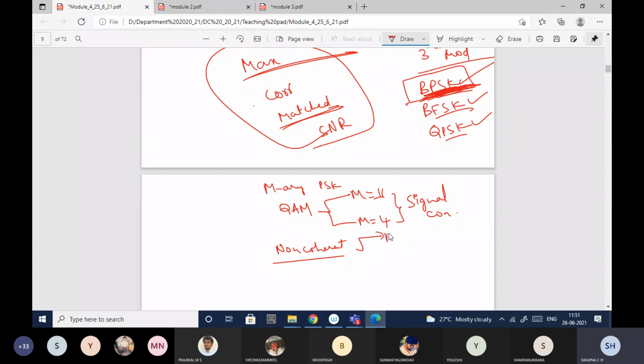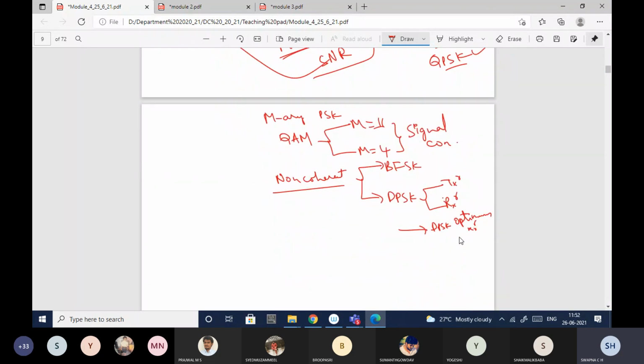You have BFSK non-coherent detection, generation and detection, and then DPSK transmitter, receiver, and along with this you also have DPSK optimum receiver, or optimum detection. Everything means the same.